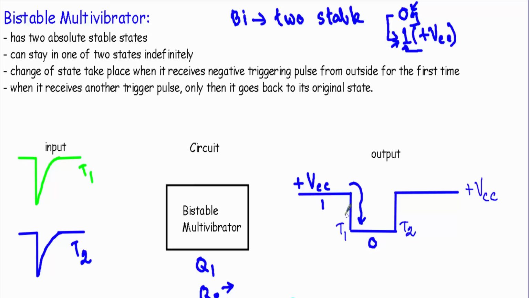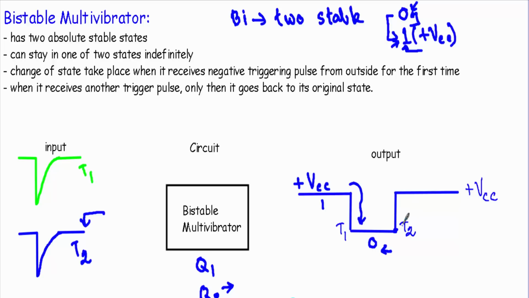If I don't apply any external triggering pulse from this point onwards, then the output voltage will be stable at this 0 level, and it will stay at this level forever unless we apply an additional triggering pulse. Let's say at this instant I have applied this negative pulse T2.